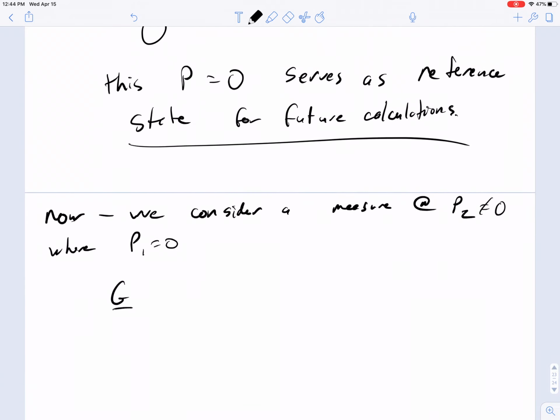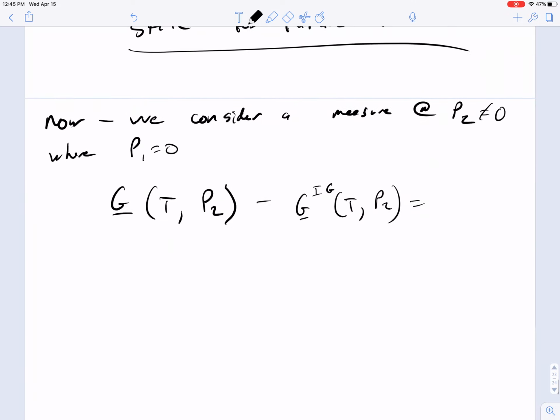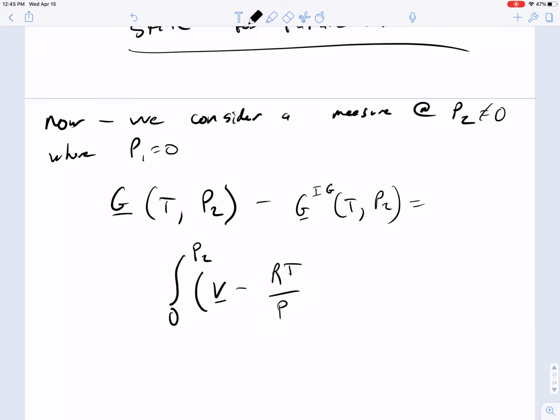And we calculate, just because we can, the Gibbs free energy at state of temperature and pressure 2 minus the Gibbs free energy of an ideal gas at temperature and P2, is equal to the integral from 0 to P2 of V underbar minus RT over P dP.